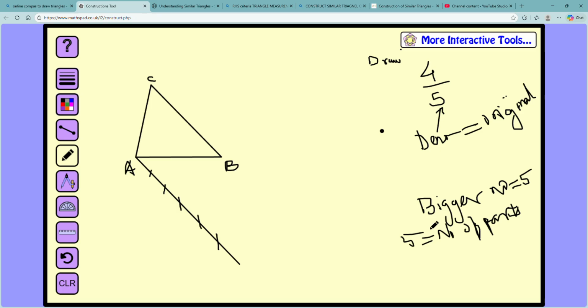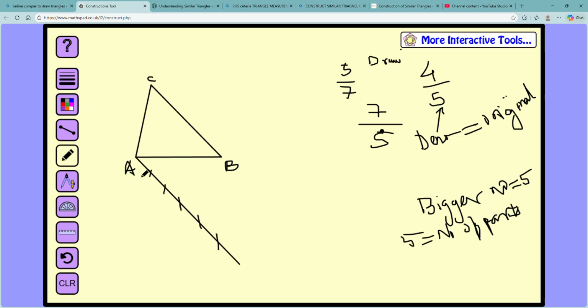So we have to connect to the original triangle. Since the denominator is 5, first we have to connect it. This is the basic step: first we connect the denominator part with the original triangle. For example, if it is given like 5 by 7, we need to draw 7 parts here, and connect the 5th part with the original triangle base. If it has been given as 7 by 5, then the original triangle will be 5.